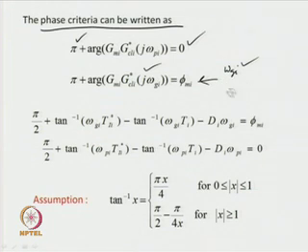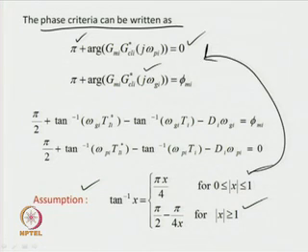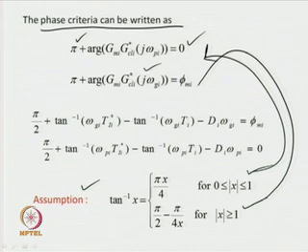With the help of the assumption for the inverse tan function, tan inverse x is equal to πx/4 when x is less than 1, and tan inverse x is equal to π/2 minus π/(4x) for x very large compared to 1, this is made use of in the phase criteria.